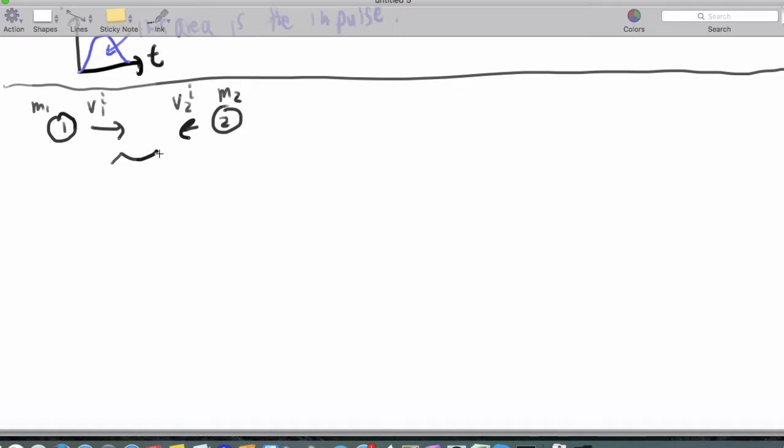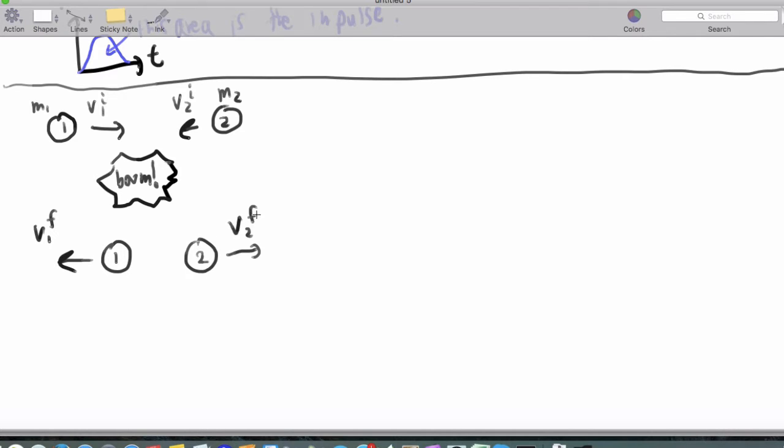And then they hit. So boom. And then they go in opposite directions. So v1 final, v2 final, m1, and m2.